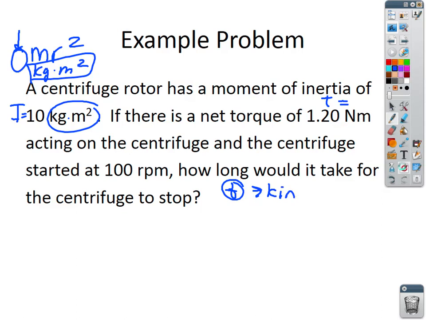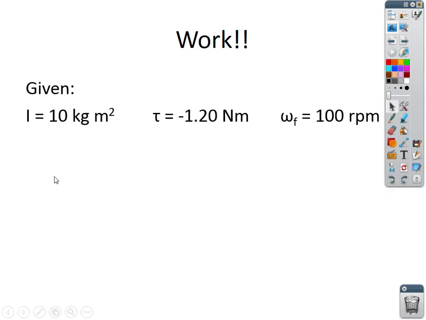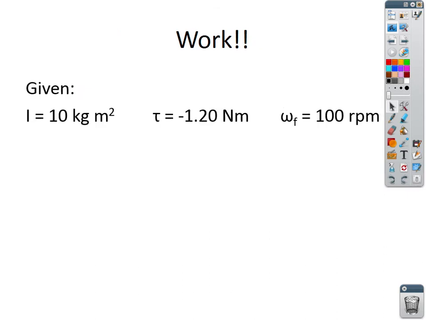So if we look at what we have, we are given the inertia, the torque, and, sorry, I'm being silly here, that should be the initial angular velocity.